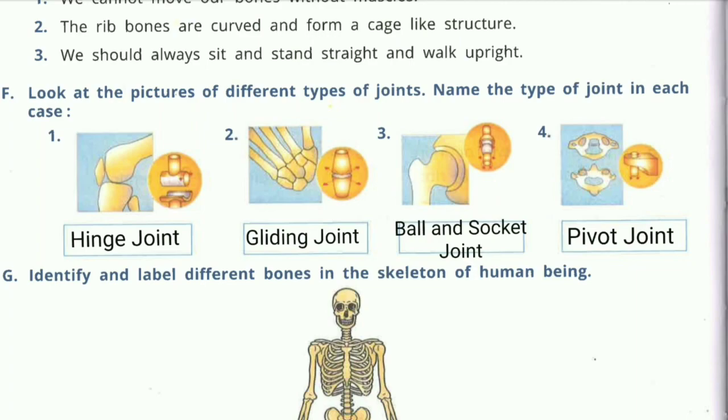Next you have to identify and label different bones in the skeleton of a human being. So this is what is given and you have to label it. So number 1, you see skull, then ribs, then you have backbone.